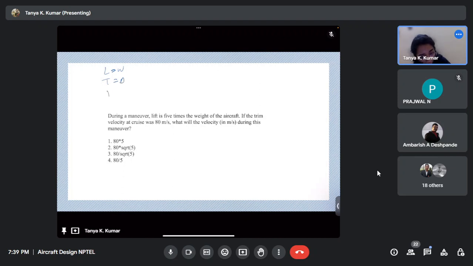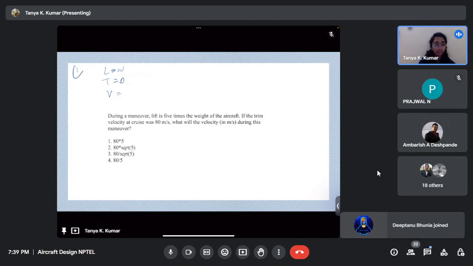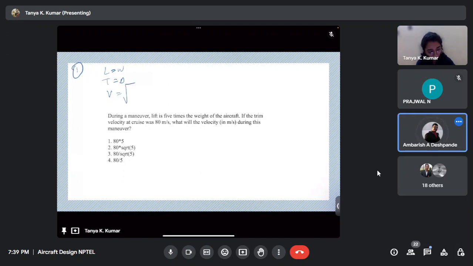In this case, what was V? This is the first case. So what was the equation for velocity for steady level? That is trim in this case. V equals under root W by S upon rho CL. And this is given to be 80.